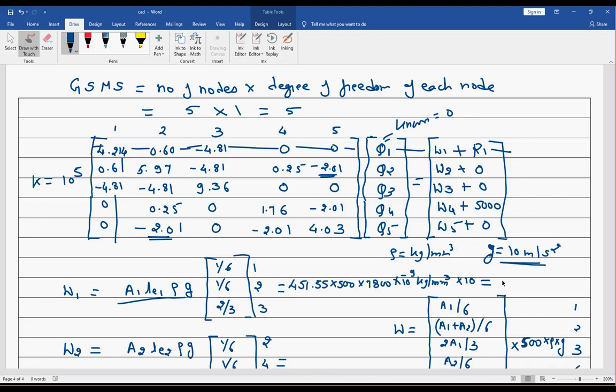So 51.555 into 500 into 7800 into 10 to the power minus 9 into 10.